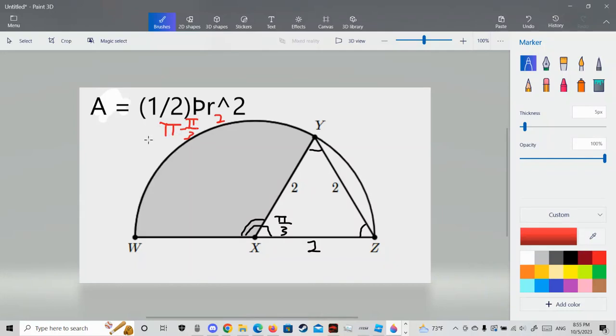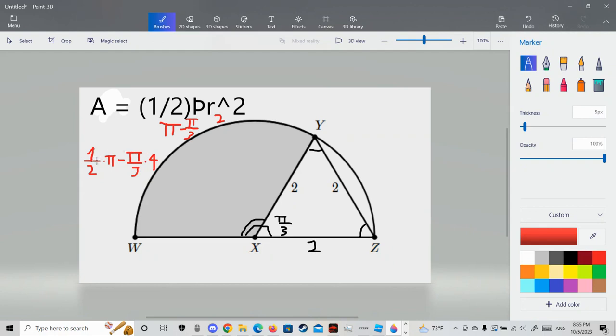So it's going to be 1/2 times pi minus pi over 3 times 4.